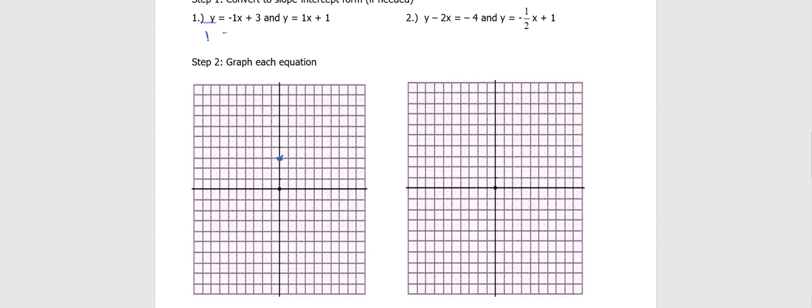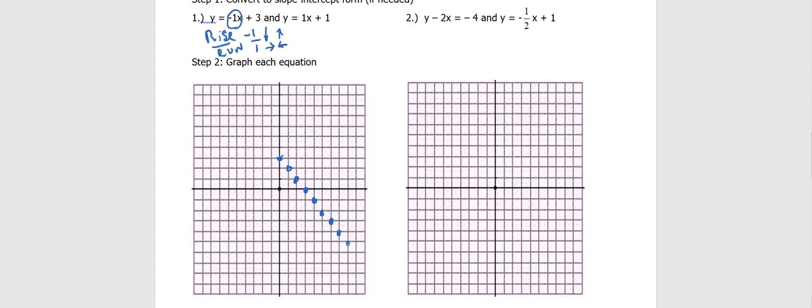If we do rise over run, that's negative 1 over 1. So we're going down and to the right, or up and to the left. We can go down to the right, down to the right, and keep on going.